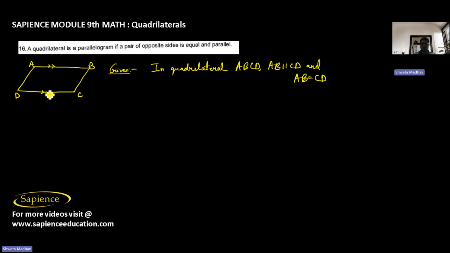These two sides are equal and parallel. So then we have to prove that ABCD is a parallelogram.